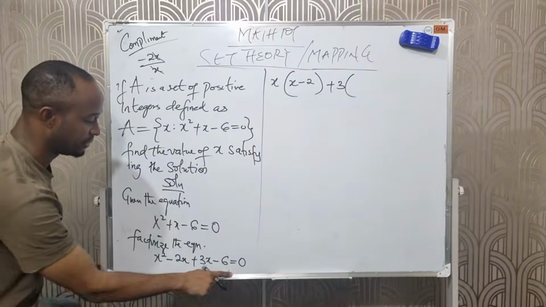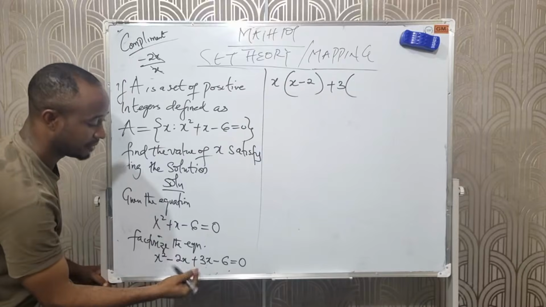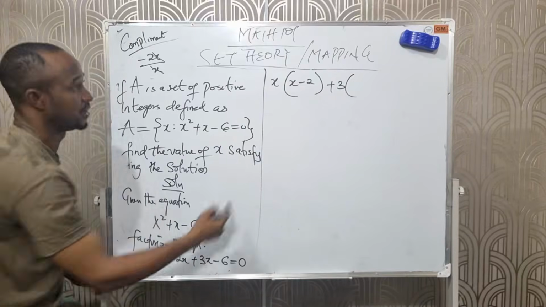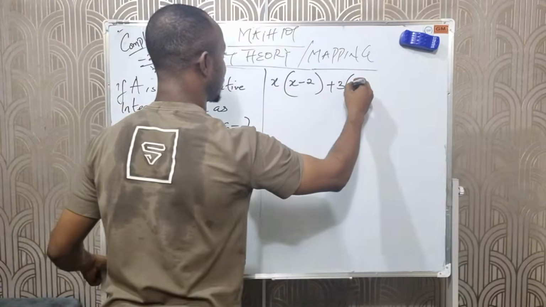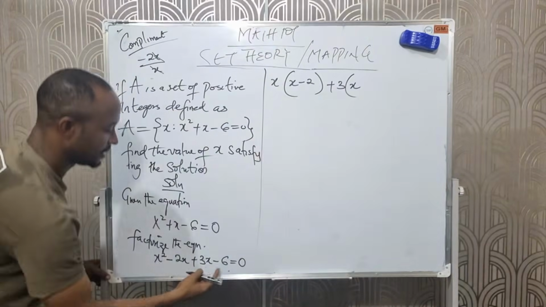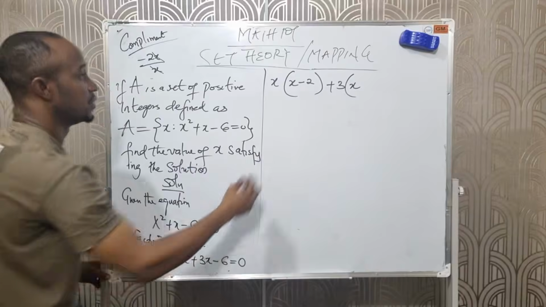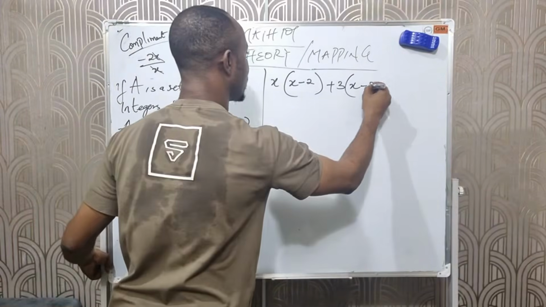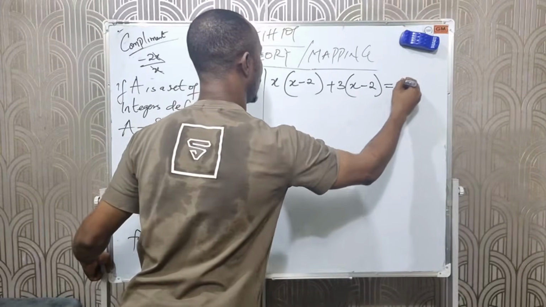Plus 3 is common between them. If plus 3 is common, divide 3x by 3, what remains is x. Divide minus 6 by 3, what you have is minus 2, all equals to 0.